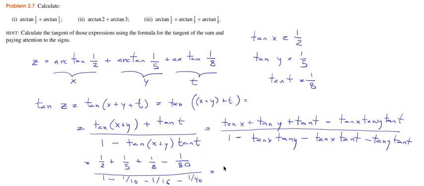So if you do some algebra here, what you have is 40 plus 16 plus 10 minus 1, and here we have 80 minus 8 minus 2 minus 5. This is 15, 16 minus 1 is 15, 25, this is 65, and then this is 80 minus 10, 70 minus 5, this is 65 over 65 equal to 1.